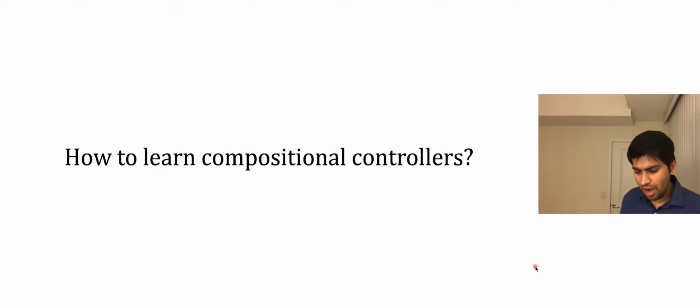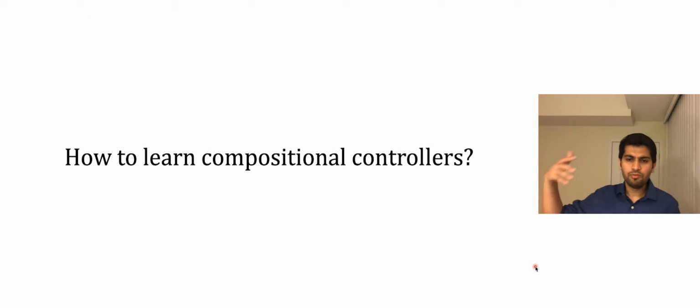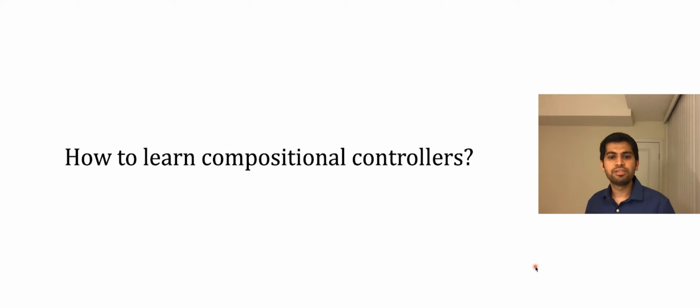So unlike language, where you are given an off-the-shelf parser to parse the sentence into some modular structure, these agents have to discover their own compositional structure over time. So the question is, how do you learn these compositional controllers?